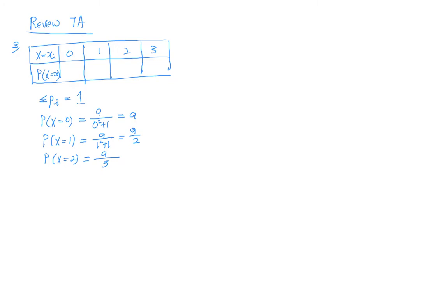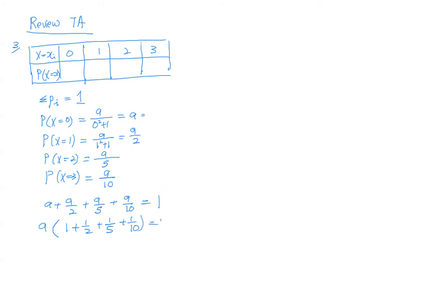Correct? So probability of X equal to 3 is A divided by 10. Therefore A plus A over 2 plus A over 5 plus A over 10 is equal to 1. What you can do is factorize out the A, then use your calculator and count. Then you will know what the value of A is.